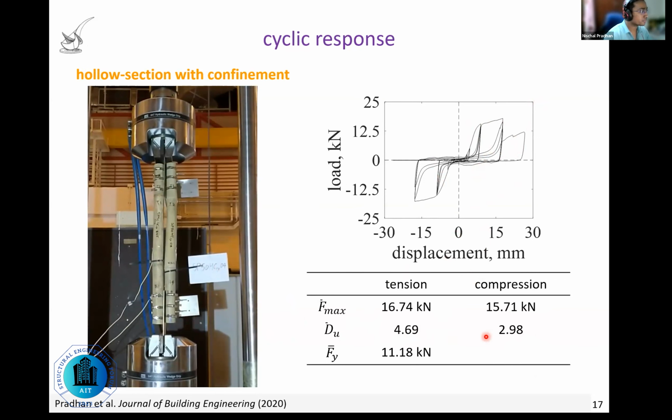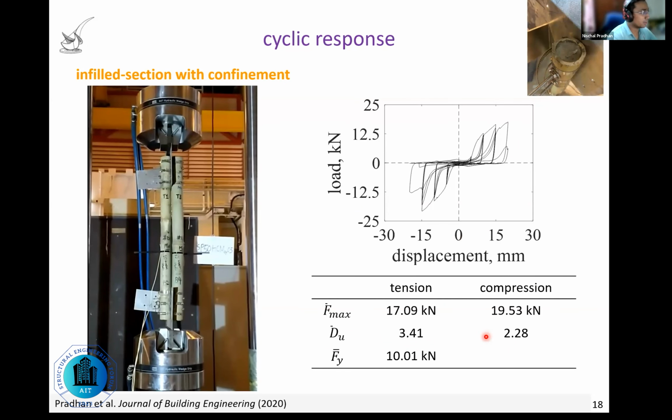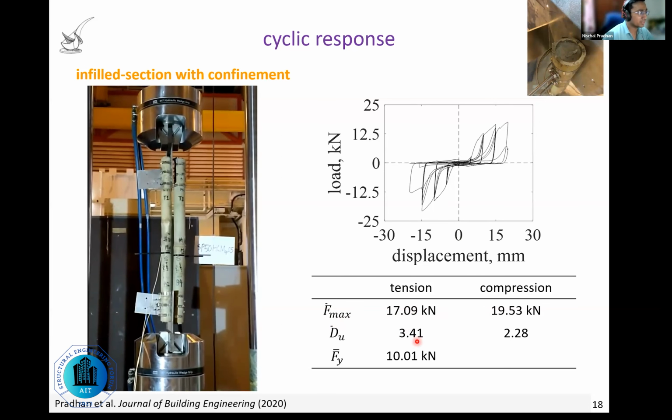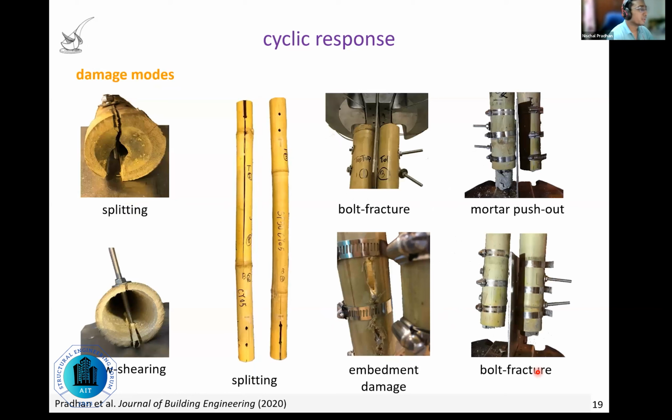This is a typical response of the confined specimen. So even higher maximum strength, but a little bit lower ductility compared to hollow section without confinement. Sorry, with confinement. Now, if the monotonic tests did not really convince you, then the cyclic tests should convince you that plain bolted connections are really bad.